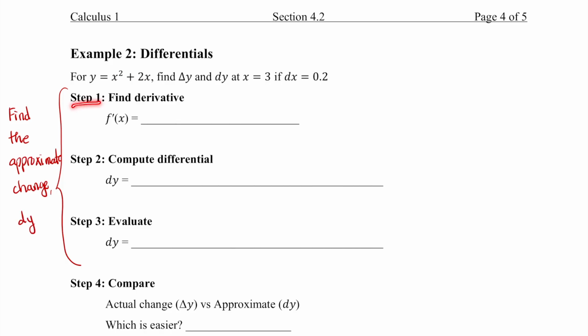Step 1, I need to find the derivative. f of x is x squared plus 2x, so f prime of x is 2x plus 2. Step 2, I need to use the formula dy equals f prime of x times dx.